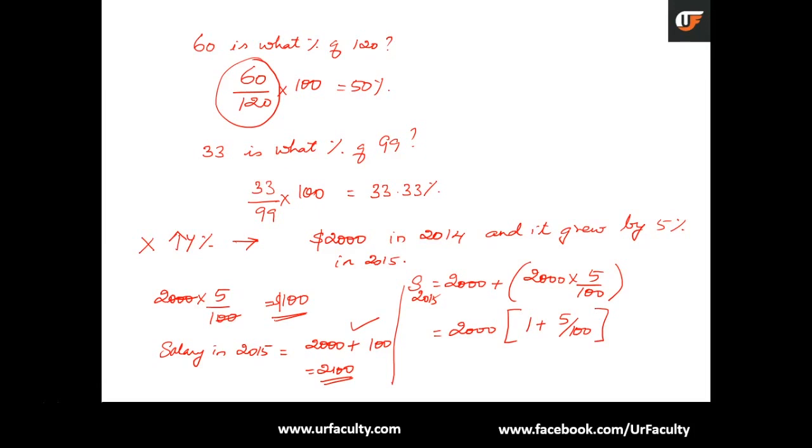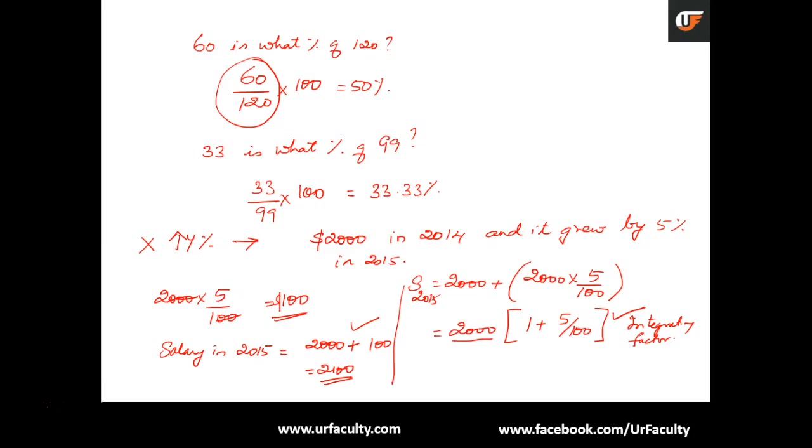So I took 2000 out, and this 2000 became 1 because 2000 is common here, and this 2000 into 5 by 100 became 2000 into 1 plus 5 by 100. Now this is what we call an integrating factor.